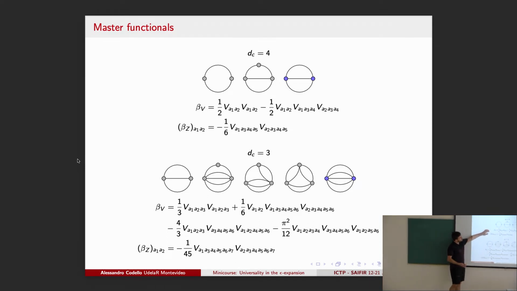And this is even more impressive when we go to the higher multicriticality, because for example, the d equal 3, which is the tricritical universality class, so it's the second one in the family of the unitary case, also gets promoted, and there is only one contribution. You can obtain all the terms, and these things start to be completely non-trivial.